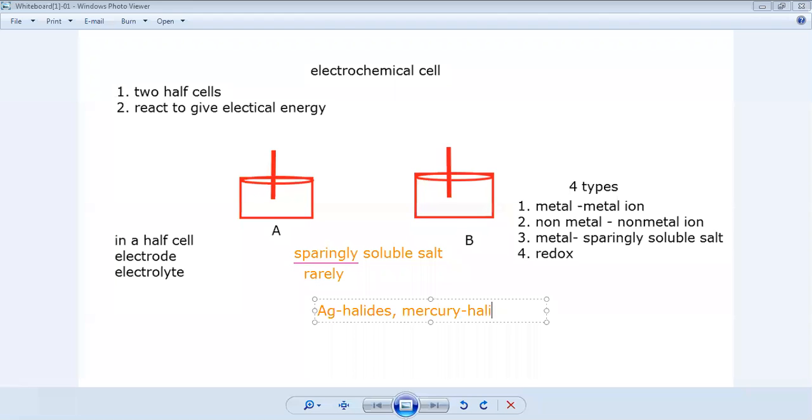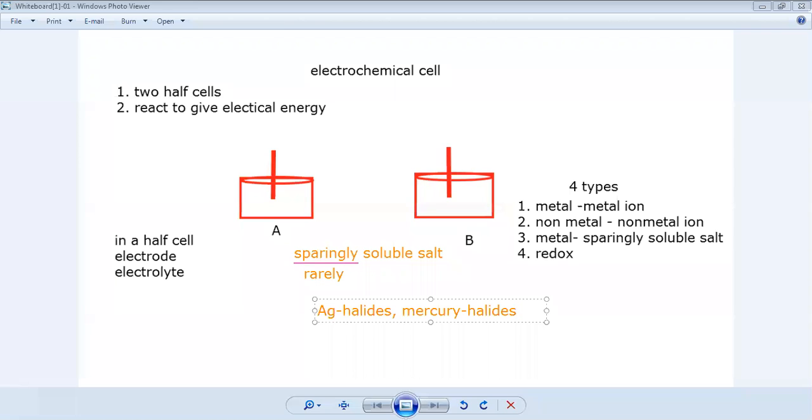Then mercury halides. They are also not at all soluble in water. Silver iodide, silver bromide, silver chloride, mercurous chloride. All these are not at all soluble in water. So hence these salts are called sparingly soluble salts.